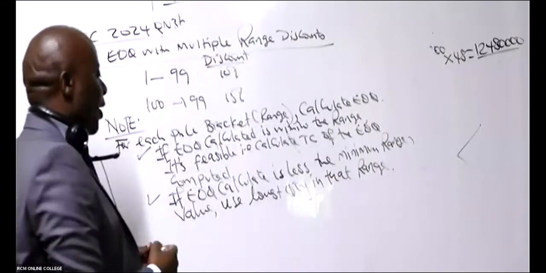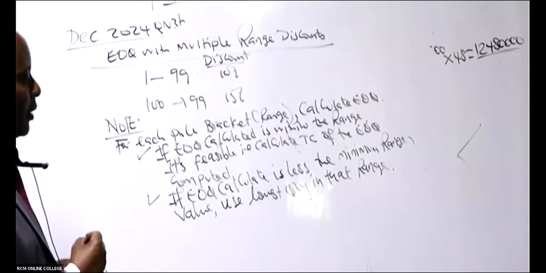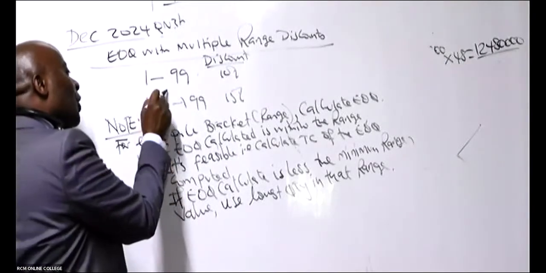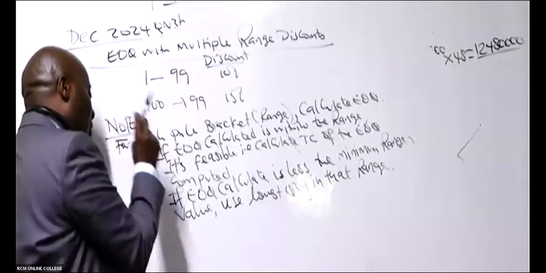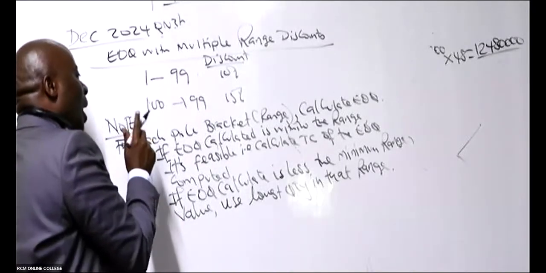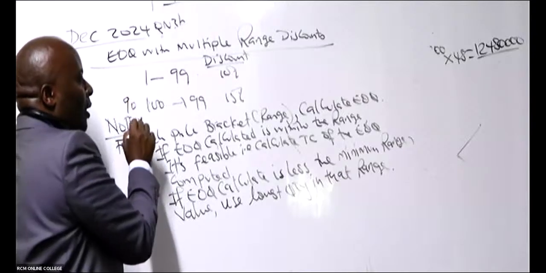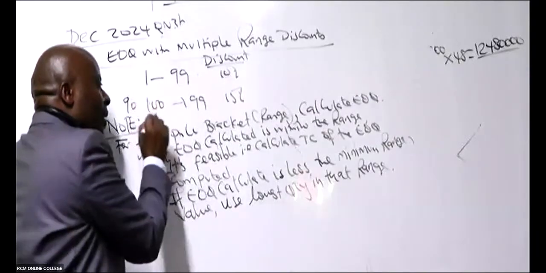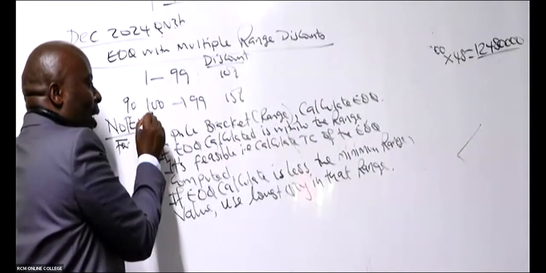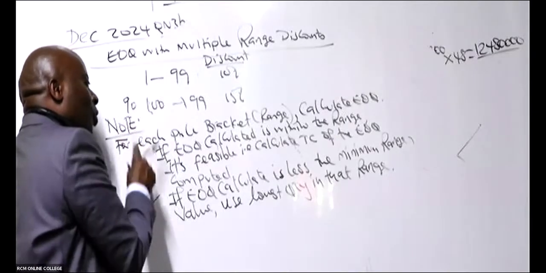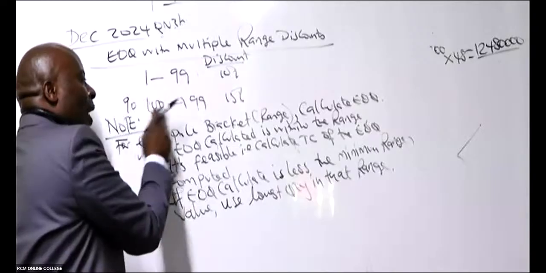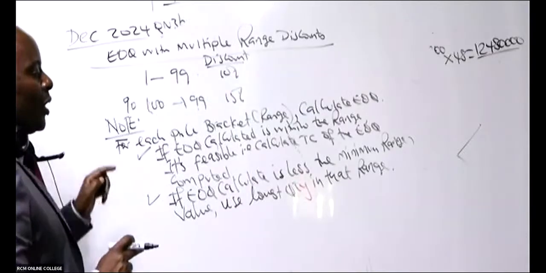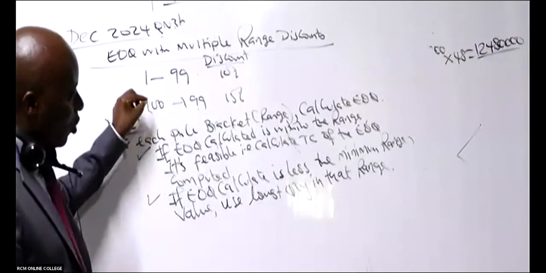For example, please listen very well. If you come to this particular class, you calculate EOQ and get an EOQ of 90 for this class. Then we shall compute the total cost of the minimum in this range. The minimum here is 100. So if the EOQ computed falls below the minimum value of this range, like 90 is lower than this, then we shall use the lowest quantity on that very range.